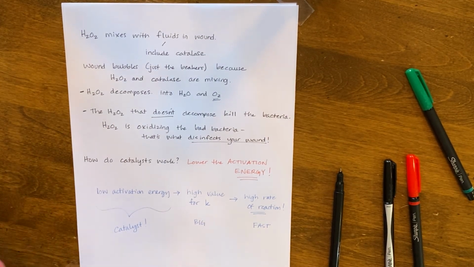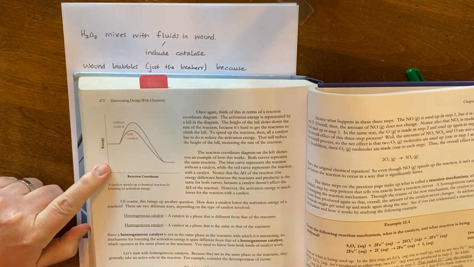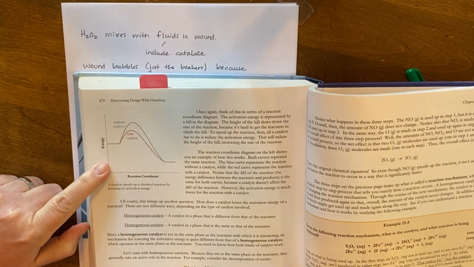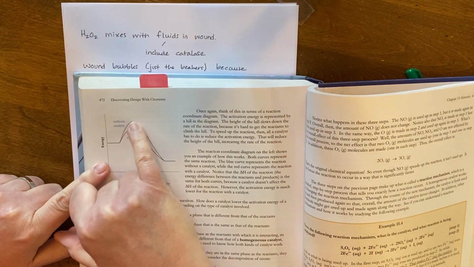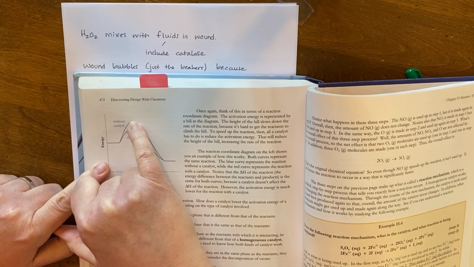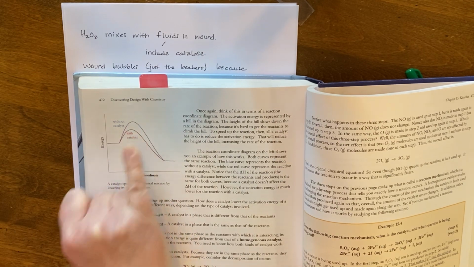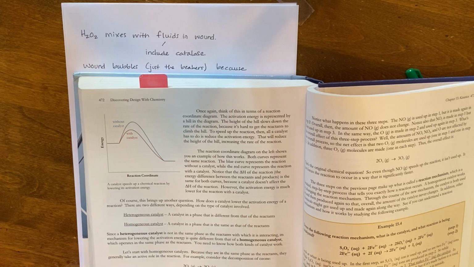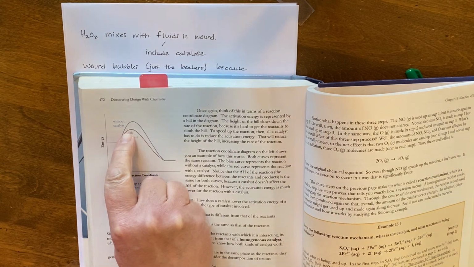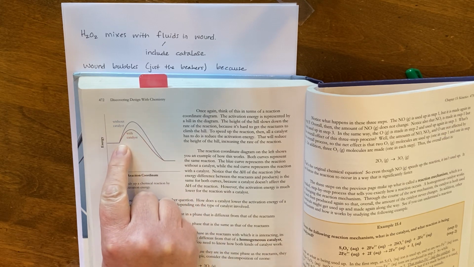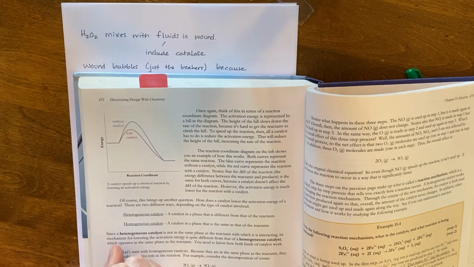Another way to look at this is if we look at the figure on page 472, again, this is now the same chemical reaction. The blue chemical reaction is done without a catalyst. The red line is done with a catalyst. So you'll notice that with the catalyst, the activation energy, which is the height of the hill, is much lower on the red trial than it is on the blue trial.